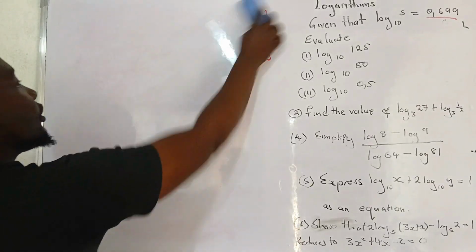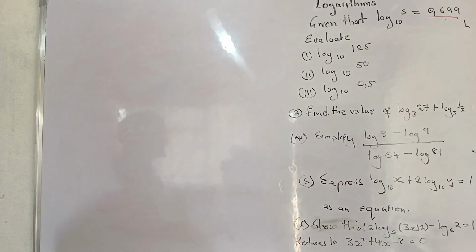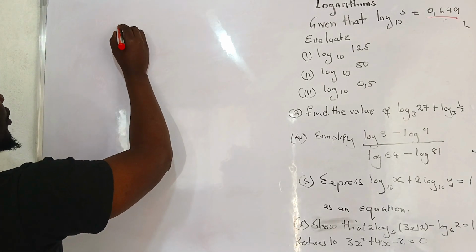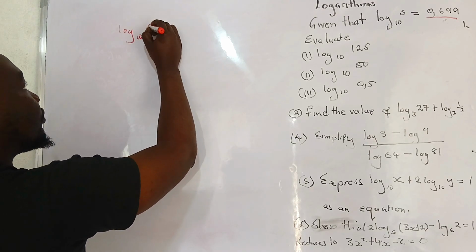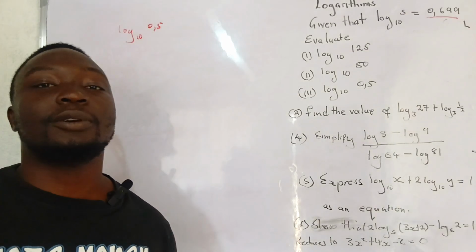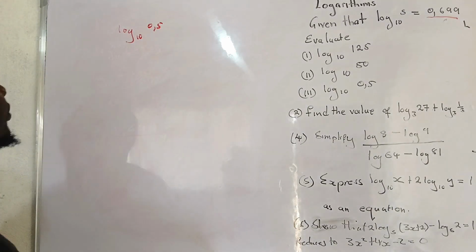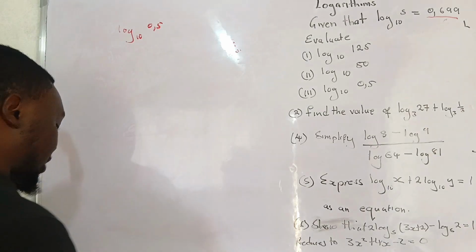So let's evaluate log 0.5. You have to make sure that you remember these laws of logarithms in order to evaluate these questions. So you have log base 10 of 0.5. I always tell my students that whenever you see a decimal, it is best to express it as a fraction. So we say 5 over 10.